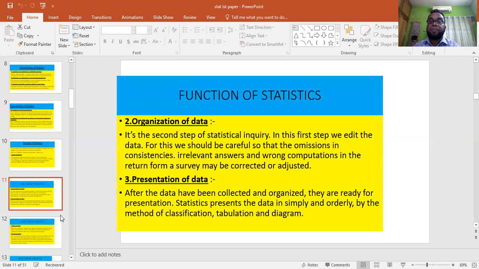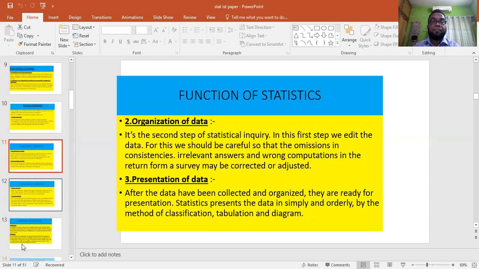The third one is presentation of data. After the data have been collected and organized, they are ready for presentation. Statistics presents the data in a simple and orderly way by the methods of classification, tabulation, and diagram.